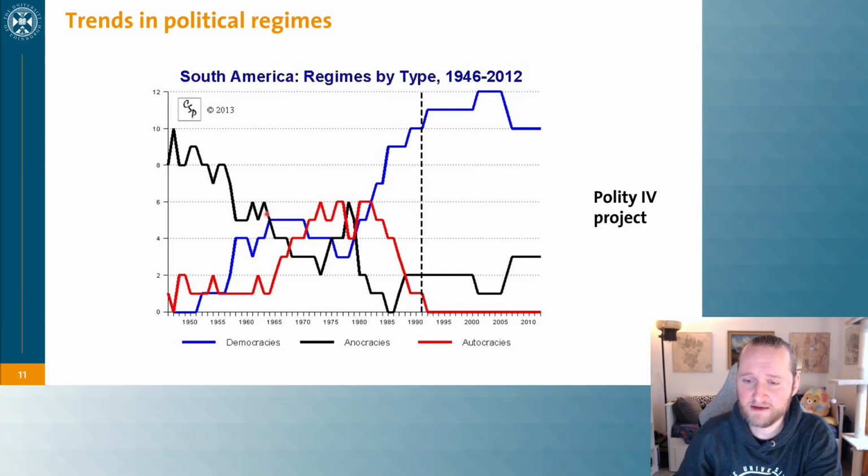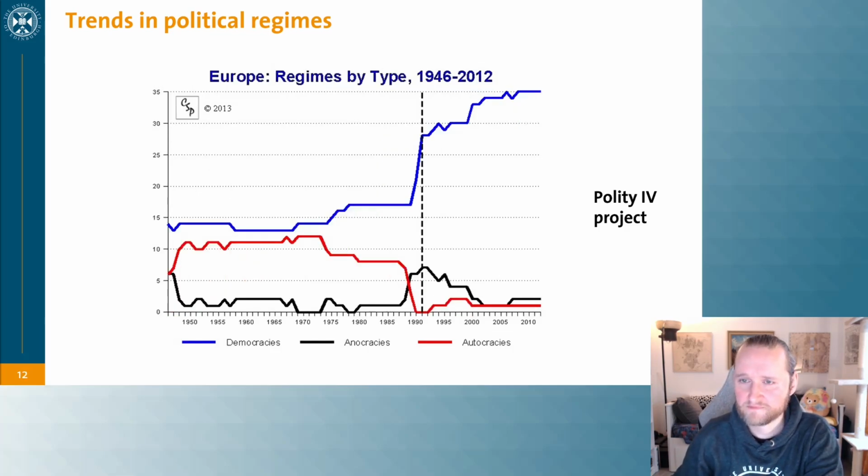We did have a bit of a hiccup here in the 60s and 70s, where we had a sudden re-emergence of especially military rule. But at least the encouraging thing is that the middling category has essentially gone away, and so have the autocratic regimes. And at least according to the Polity4 categorization, we have a continent that is very, very largely democratic in terms of its regimes.